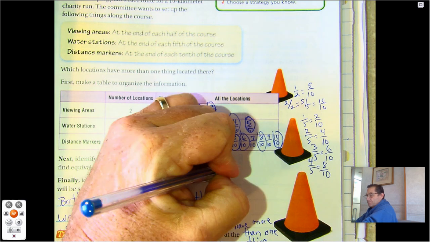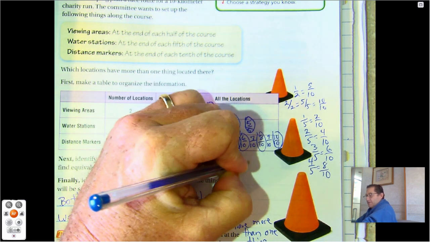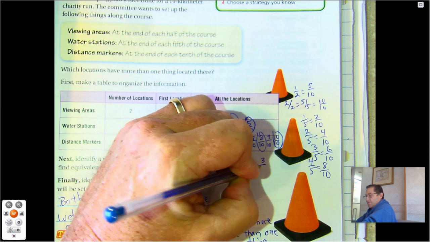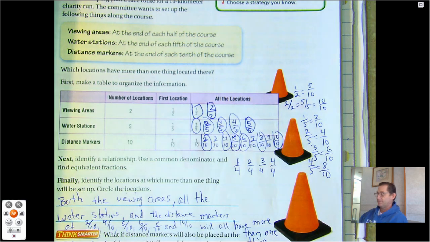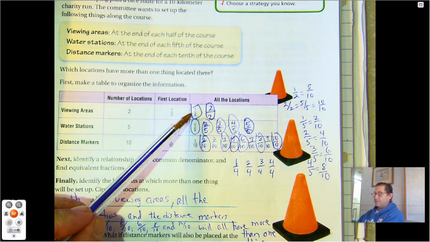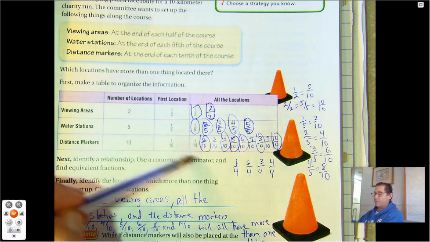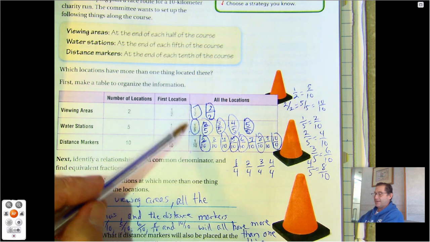If we were doing fourths, it would be 1/4, 2/4, 3/4, 4/4. So none of these first parts are equivalent to 1/4. I can't make 1/4 equal any of the other ones because it's prime.